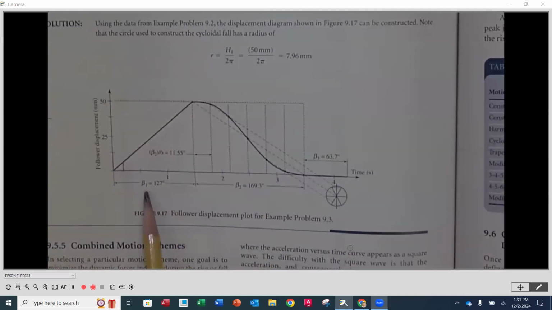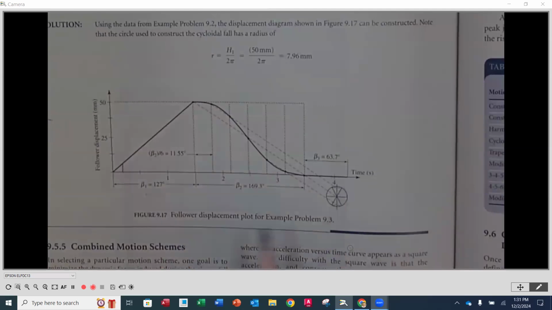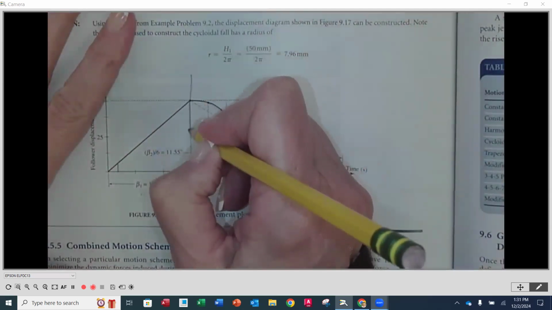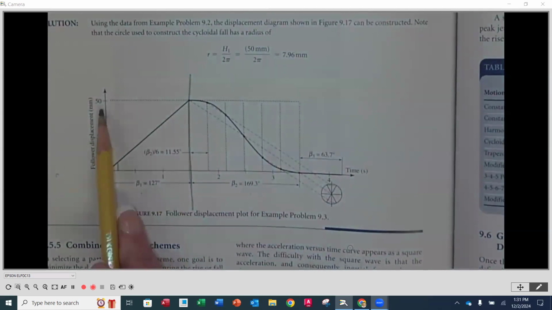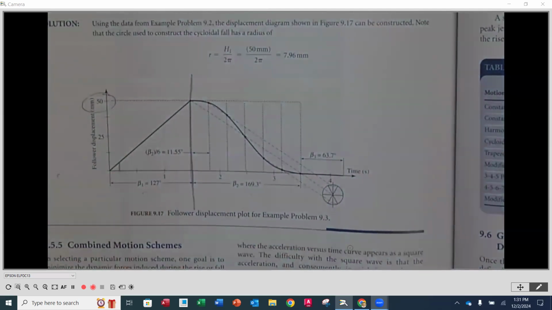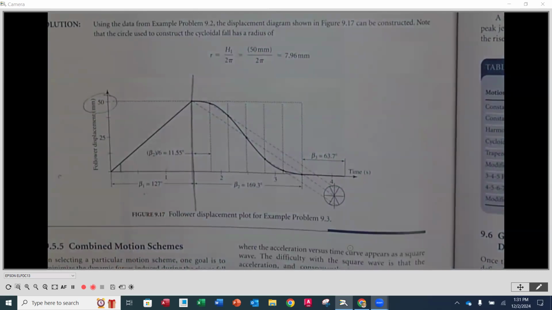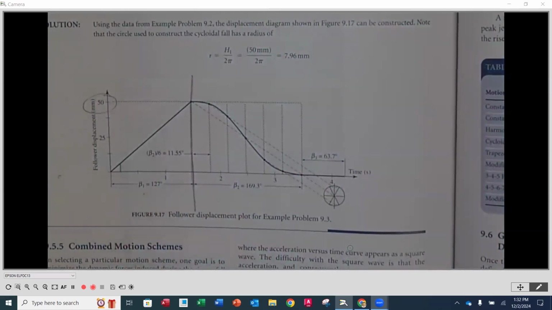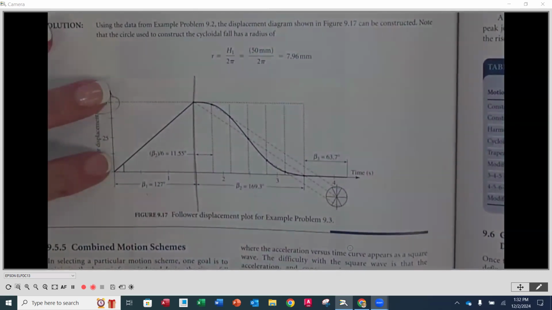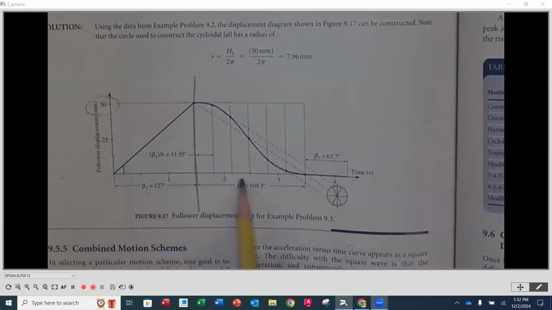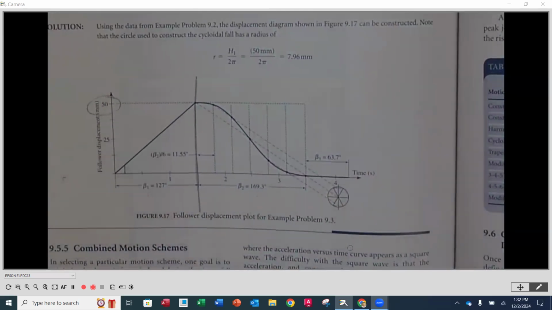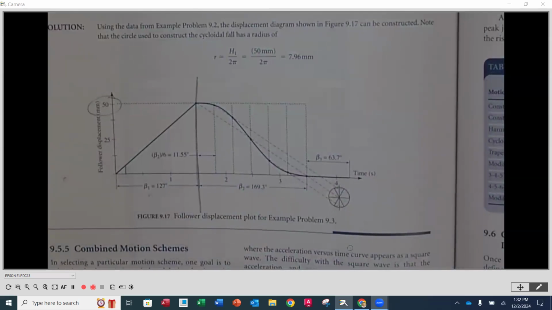So here's our beta 1, our beta 2, and our beta 3. This line right here is that first motion, and we're going to rise 50 millimeters, all right? So remember, when you're creating your displacement diagram, this is going to be a total of 50 millimeters high. How long will the total axis along the x-axis be then? What did I tell you?